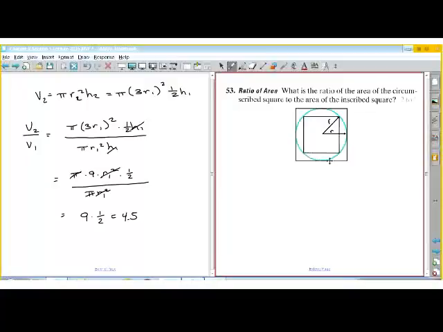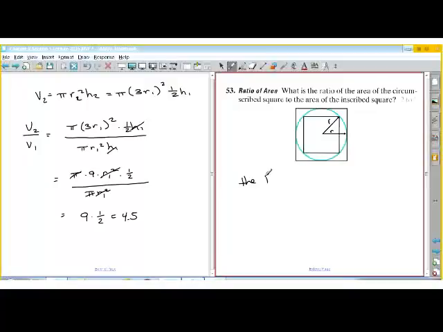So any straight line from the center to the surface of the circle is the radius of the circle. So you can see that the dimensions of the outside square are going to be 2 times r, because I'm going to have r to here, and I'll have r to there, and you can add those two together.